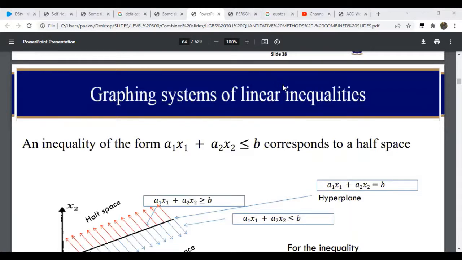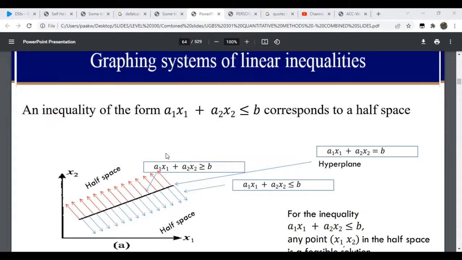Inequalities means they are not the same. It's not equal to. That's when we are talking about inequalities, but when it's equal to, we are talking about equalities. You get it? The next time we meet in our next video, we will take it from here. So an inequality of the form a1x1 plus a2x2.